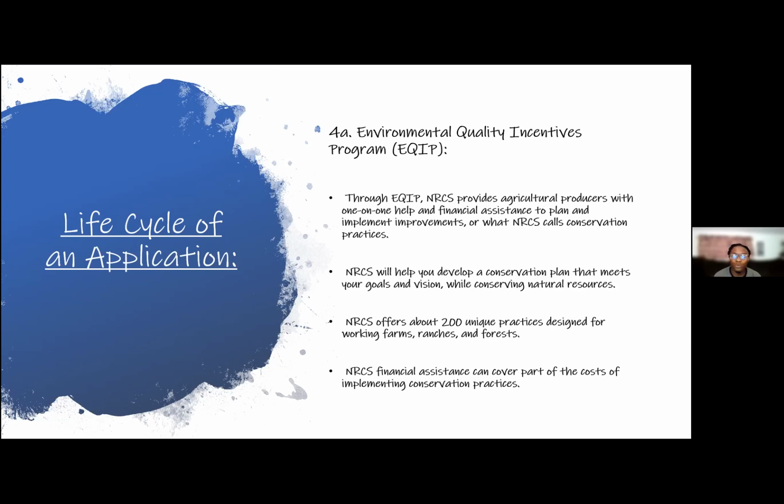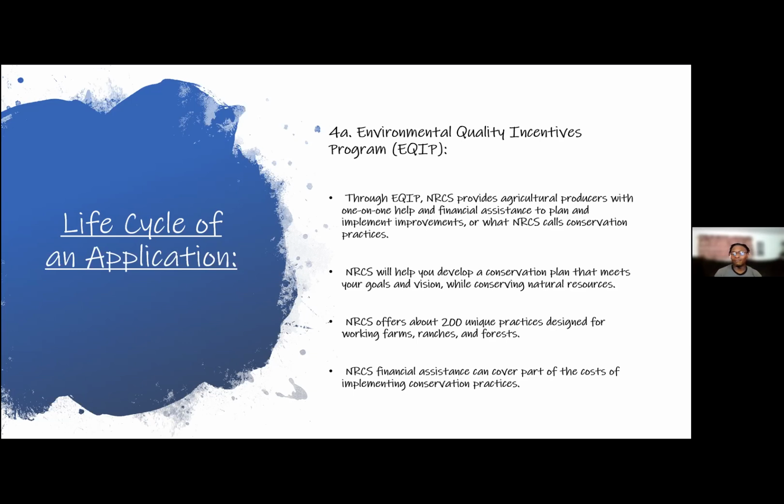So NRCS will work with you to develop a conservation plan that meets your goals and your vision while conserving natural resources. And NRCS offers about 200 unique practices designed for working farms, ranches, forests, and pastures.